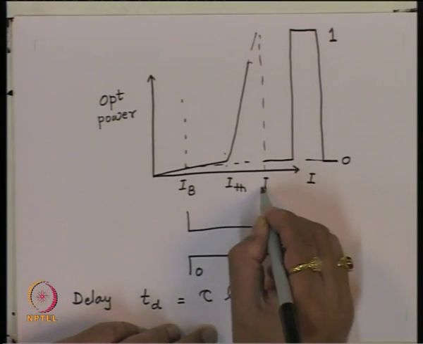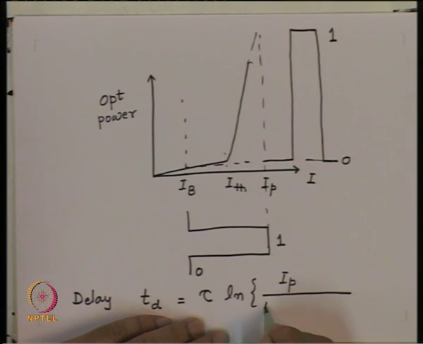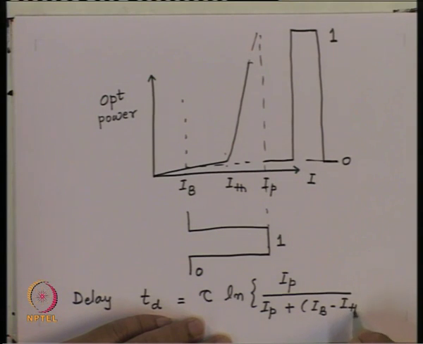So, let us say this current is IP divided by IP plus IB minus ITH.